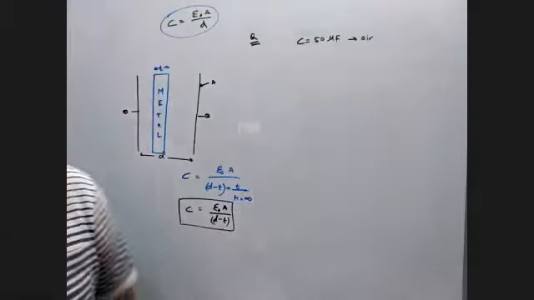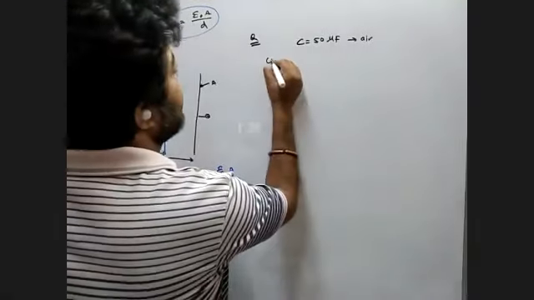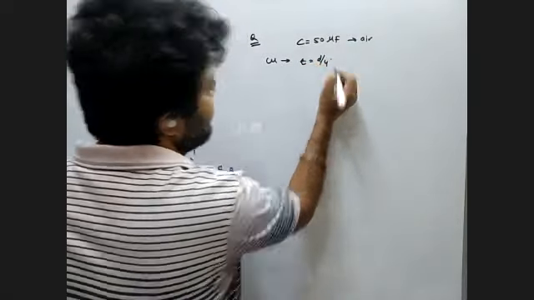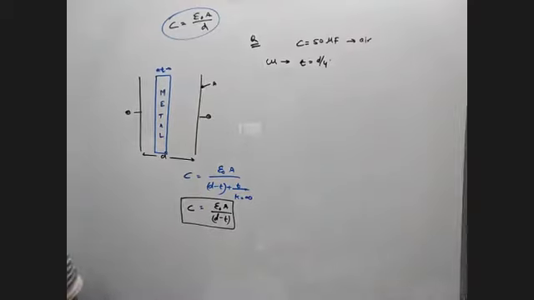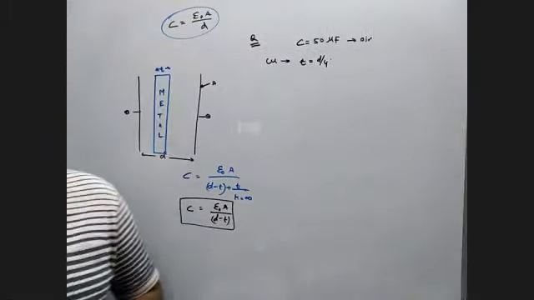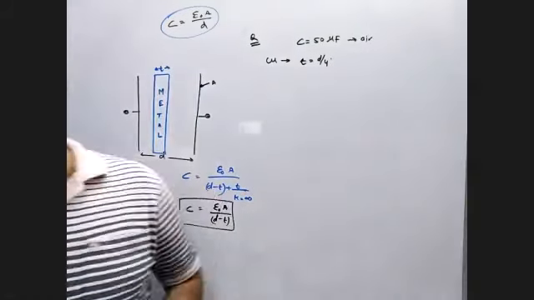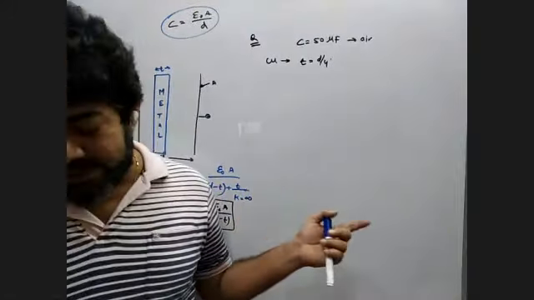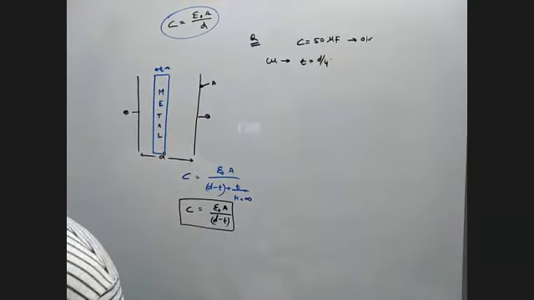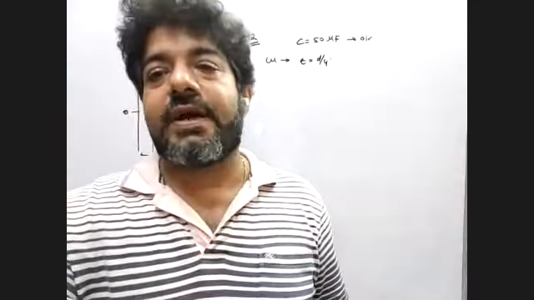A copper plate of thickness D by 4, with the same plate area, is inserted between a parallel plate air capacitor like this. Find the capacitance of the capacitor.